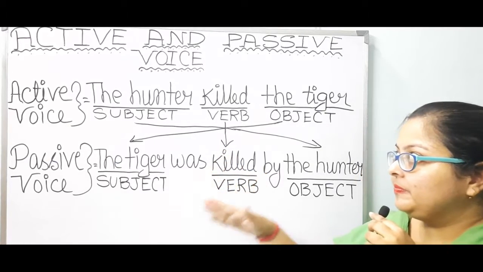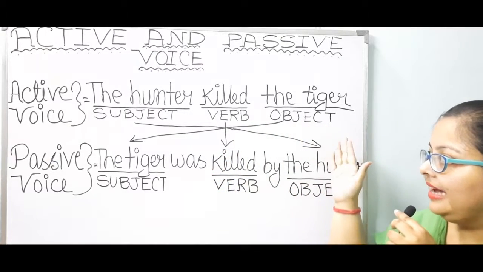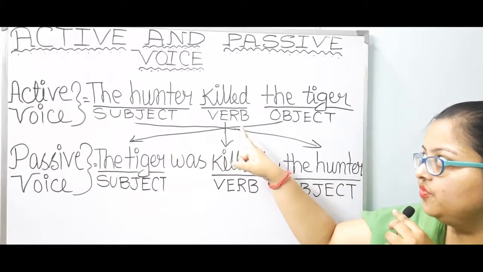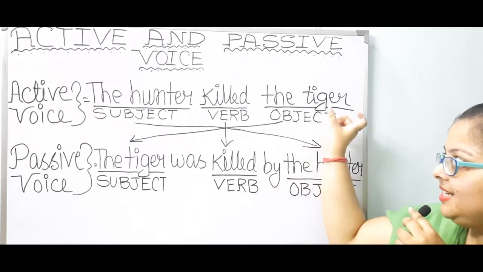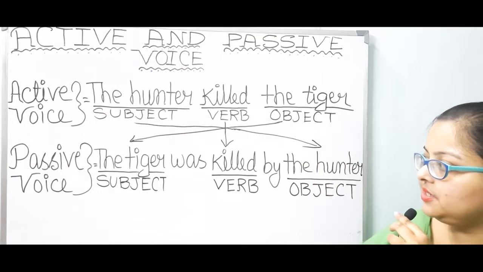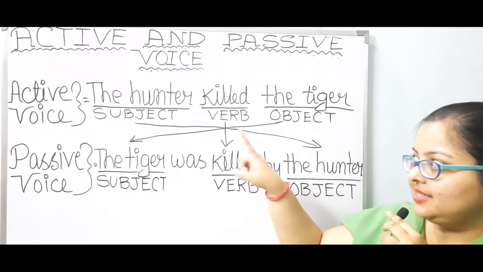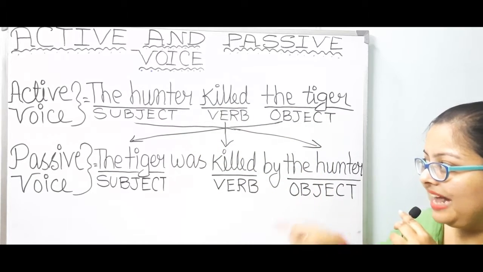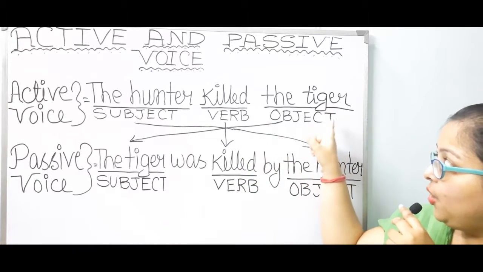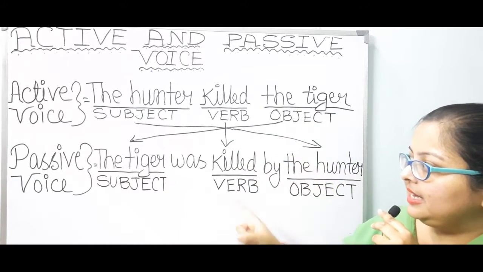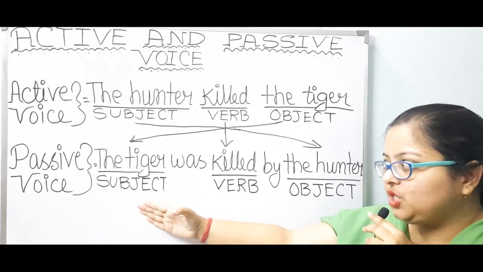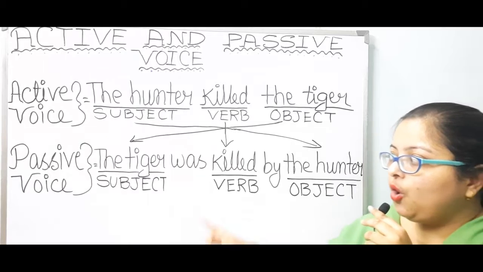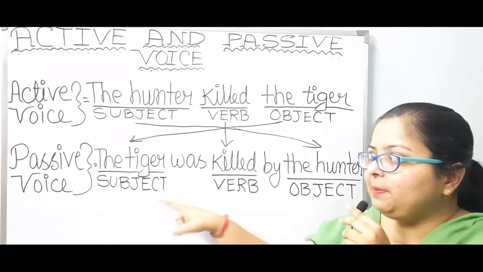Active voice: The hunter killed the tiger. Here the subject is the hunter, killed is the verb, and the object is the tiger. When this sentence is changed into the passive voice, the object of the active voice turns into the subject of the passive voice, or goes to the place of the subject of the passive voice.